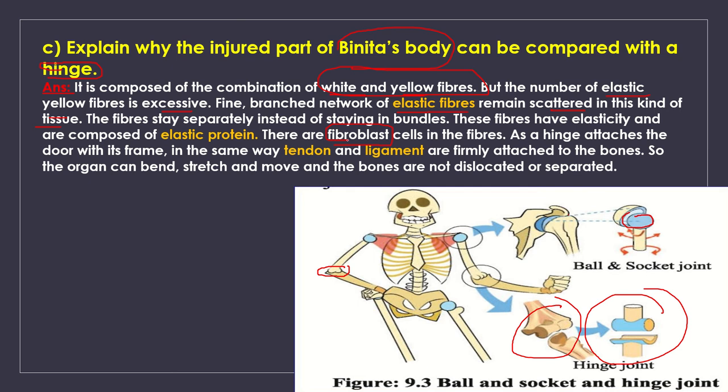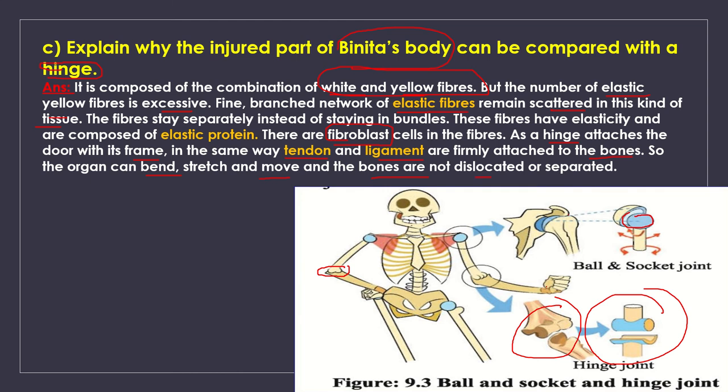You must remember that. As a hinge attaches the door with its frame, in the same way tendon and ligament are firmly attached to the bones. So the organ can bend and stretch and move, and the bones are not dislocated and separated.